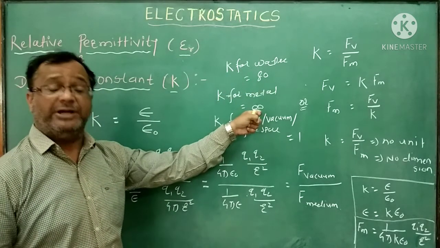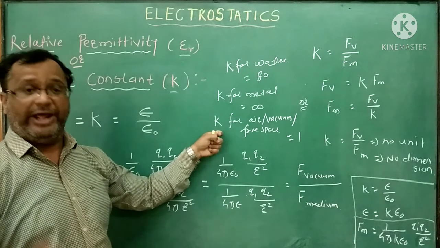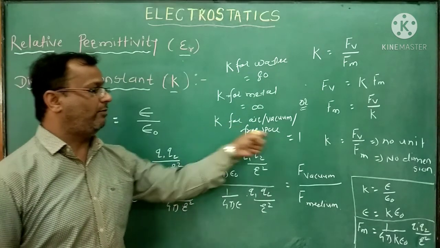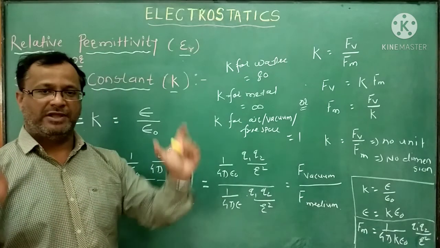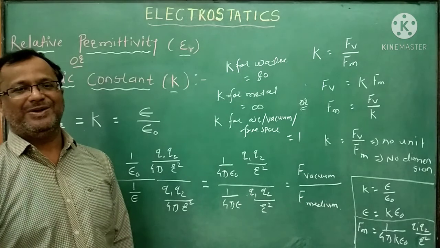For metal medium, that is for conducting material, it is infinite. And for air medium, for vacuum or free space, the value of K is simply 1. So this is about the dielectric constant.